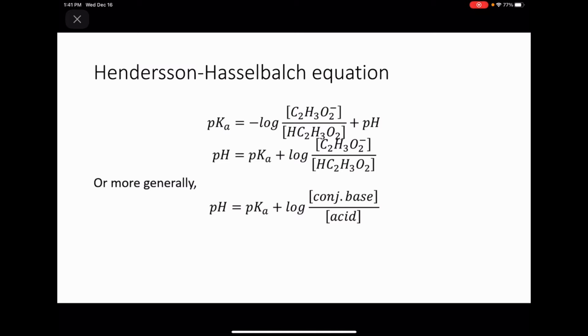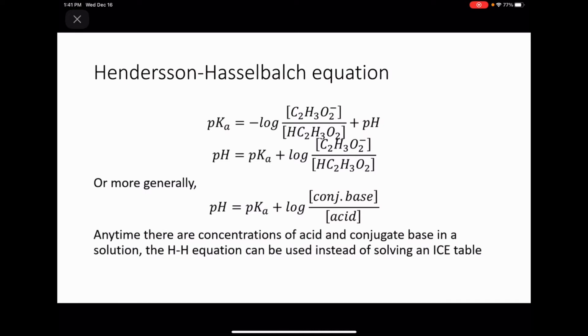That's what we call the Henderson-Hasselbalch equation. And anytime you have, after you've done a reaction, concentrations of both weak acid and conjugate base that are linked together in an equilibrium, you don't have to do the ice table anymore. You can use Henderson-Hasselbalch to solve that.